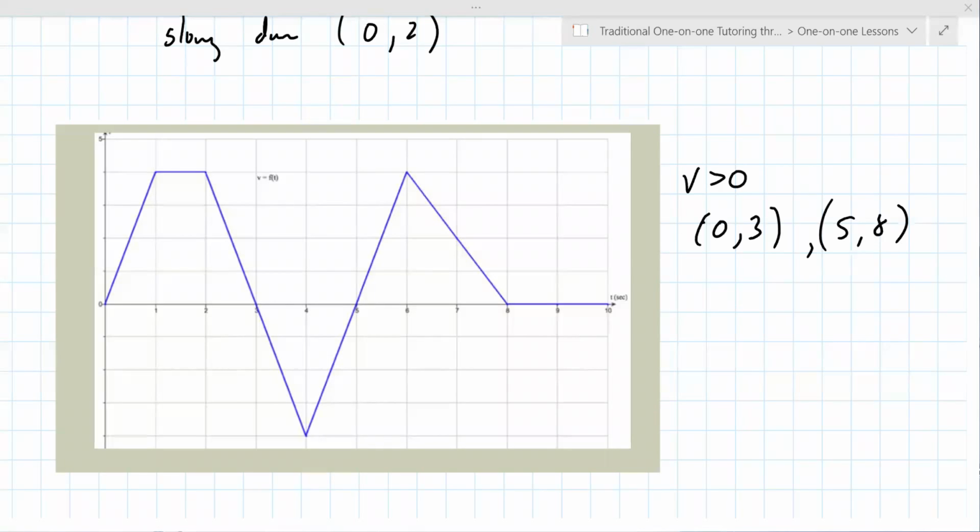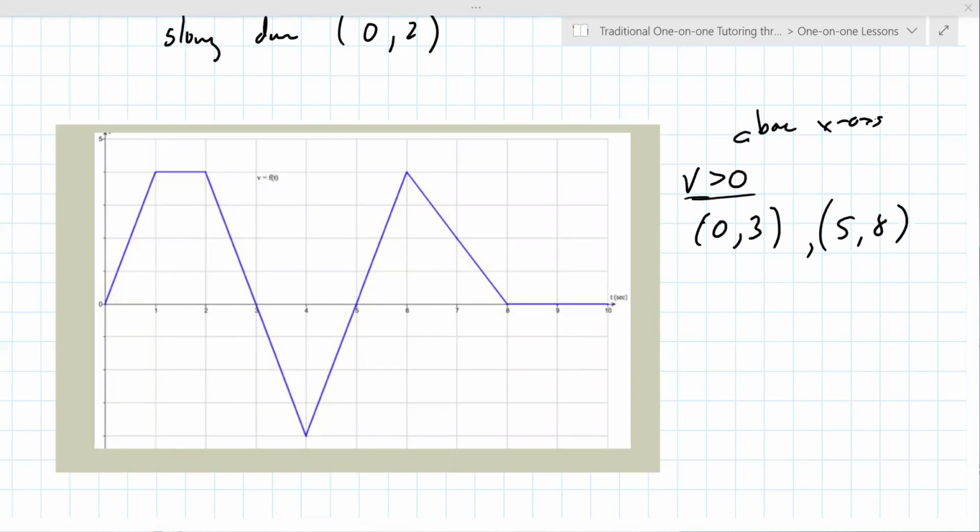Well, it's moving forward when its V is greater than 0. Wherever it's above the x-axis. If they asked on the worksheets when does the particle move forward, this would be the same.